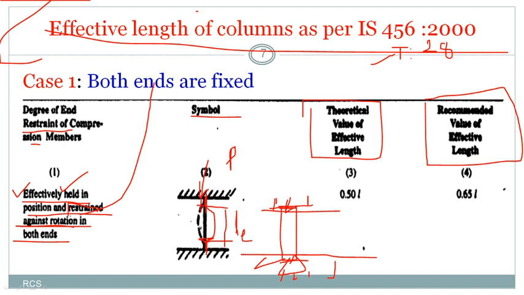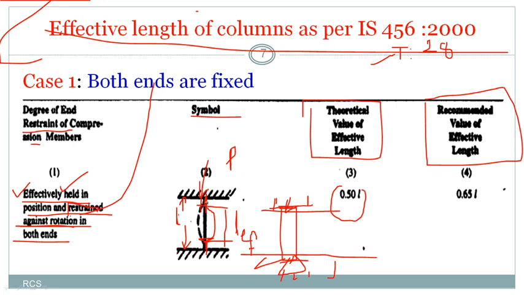Generally for a fixed support, at the supports there is no movement. After some distance, the column starts to bend. So this is the effective length. Theoretically this value will be 0.5 times l, where l is the unsupported length of the column. In the formula we have said capital L, but in the code they have chosen small l, no difference. Here l_ef is the effective length and small l is the unsupported length, which is given to you.